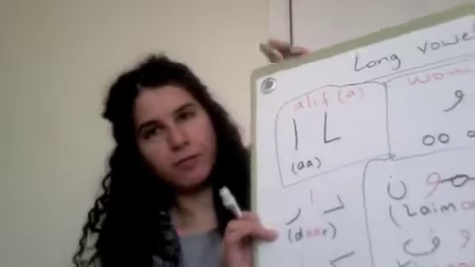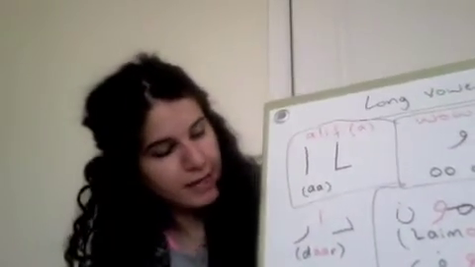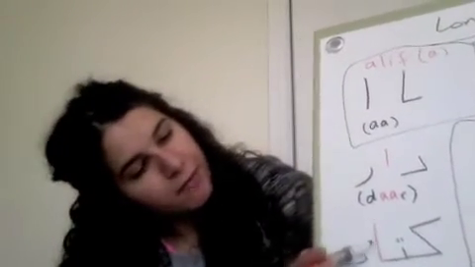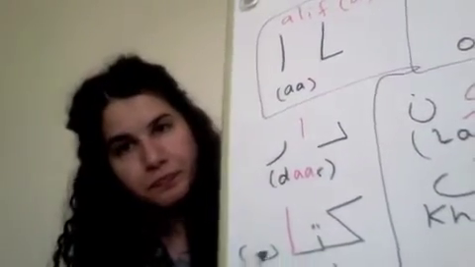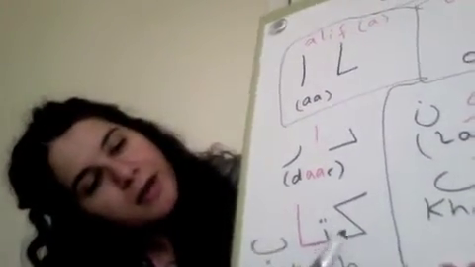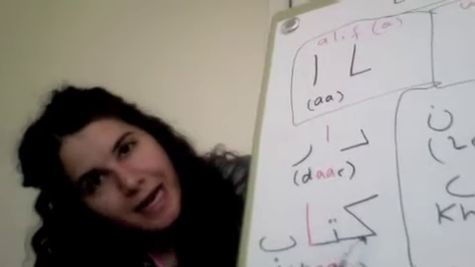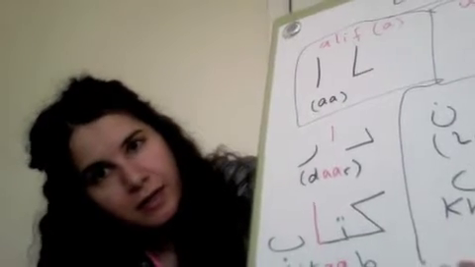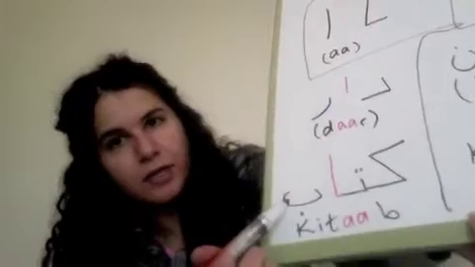And I'll give you one more example. And this word right here. Do you see an alif in the middle? Yep. Here's your alif right here in red. So here are the letters that come in front of it. This is a kaf, which is like a K sound. And this is ta, which is like a T. And this is ba, the ba sound.